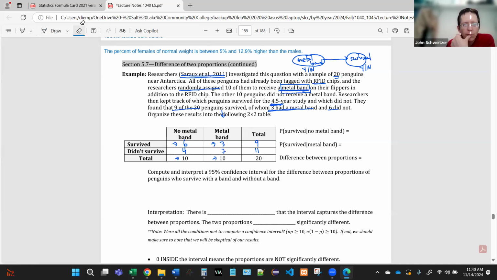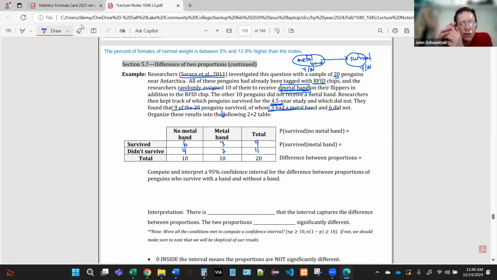Right? So we have our table filled in, and we know from our earlier study of contingency tables, if we do a conditional distribution, then we can start to get a read on the relationship between the two variables. Okay, so what's the probability they survived given no metal band?